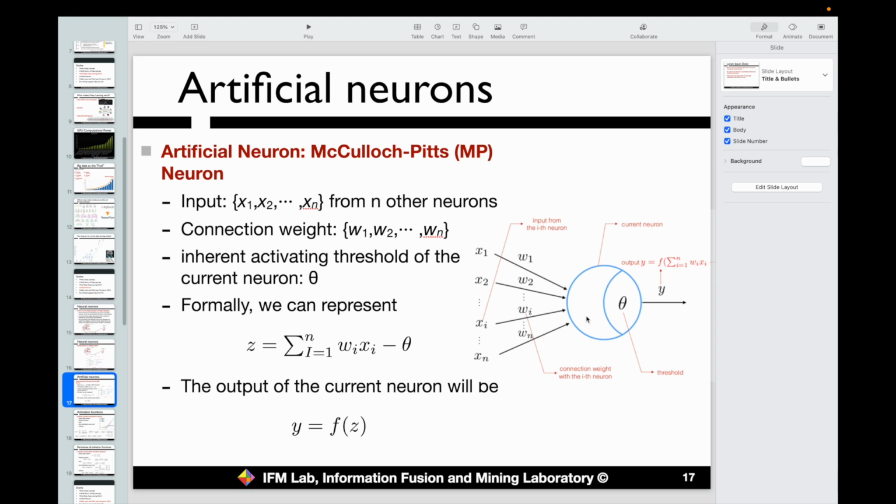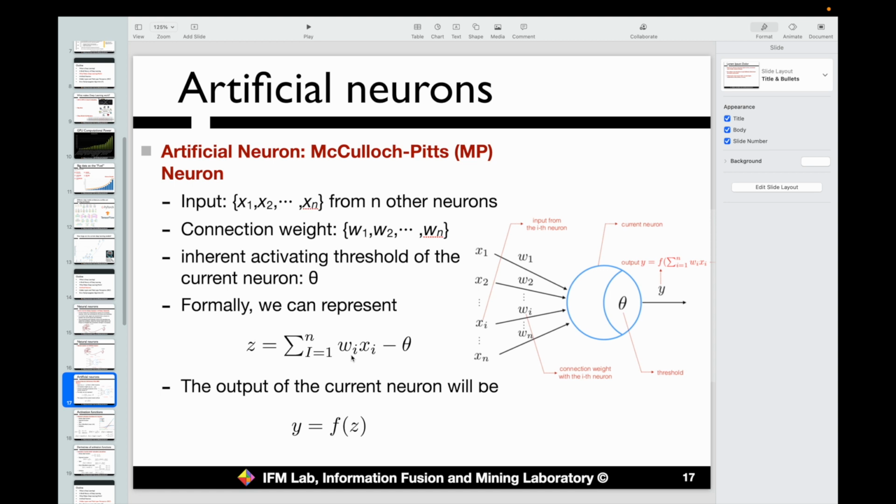The neuron itself has one inherent activation threshold, which we denote by theta here. Then, according to the inputs as well as its threshold, we represent the intermediate result as the weighted summation of the inputs minus the threshold.